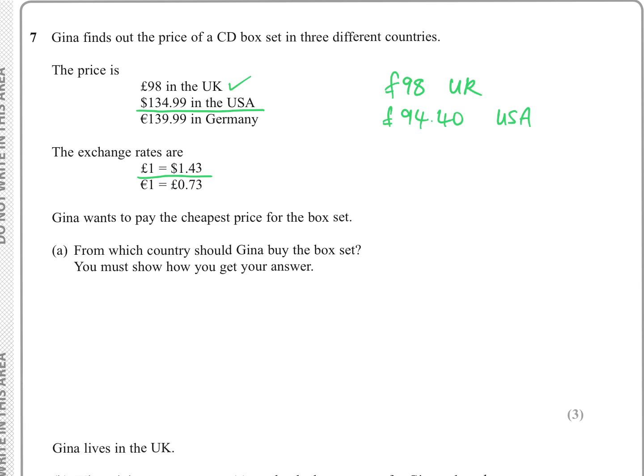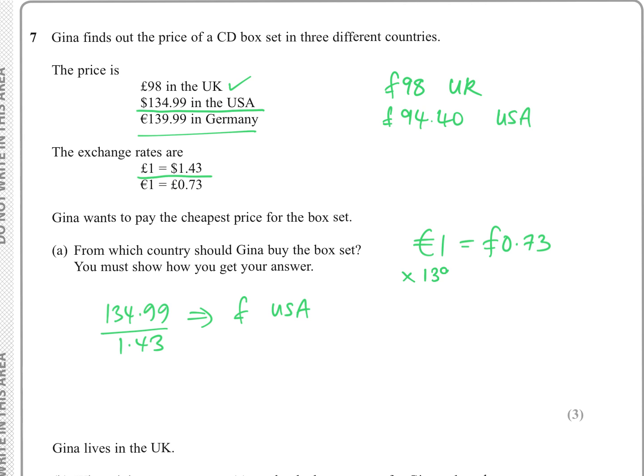So I'll just show you what I did there. I did 134.99 divided by 1.43, which is converting into pounds for the USA. And then lastly, this is a bit more tricky, we know that €1 is 73p, and what we can do is times both sides by 139.99, and luckily we have our calculator here.